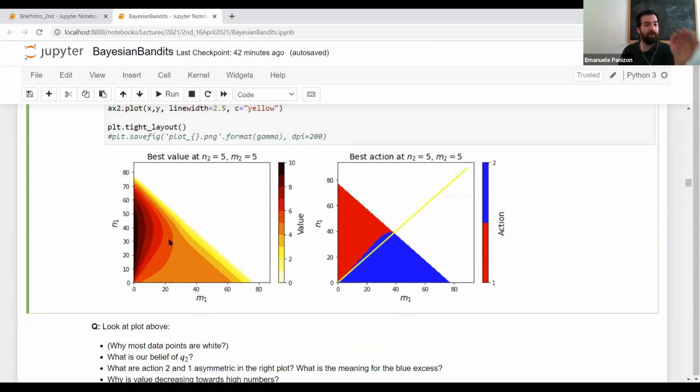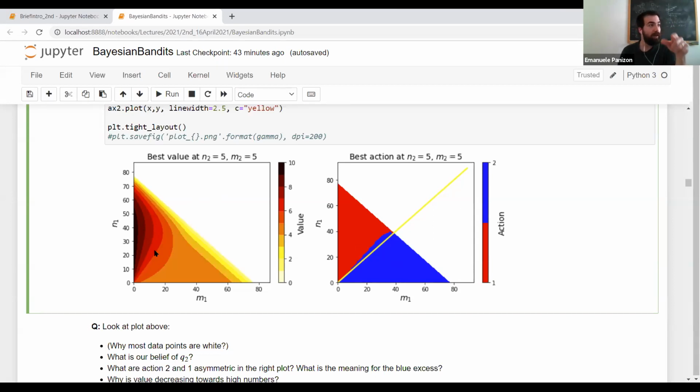I've solved the system with a cutoff rather far away. I fixed my belief of arm 2, a not strong belief of fairness, and I'm checking in the space of beliefs for arm 1 what is the value and what is my best action to do.